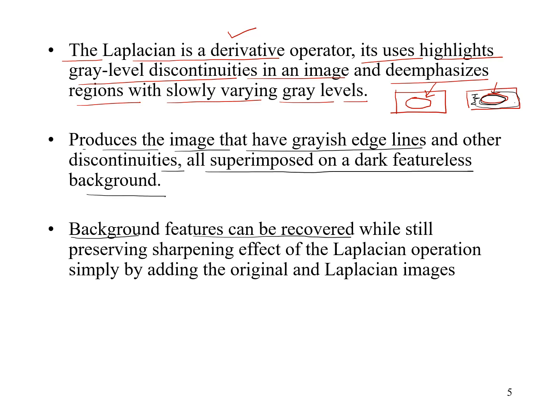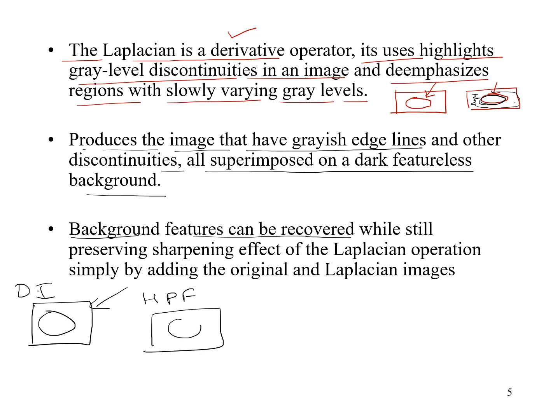Okay, so background features can be recovered. Now what is the user expecting, if the user has this original image? Okay, after applying the high pass filter, I am getting a black featureless background with only edges.